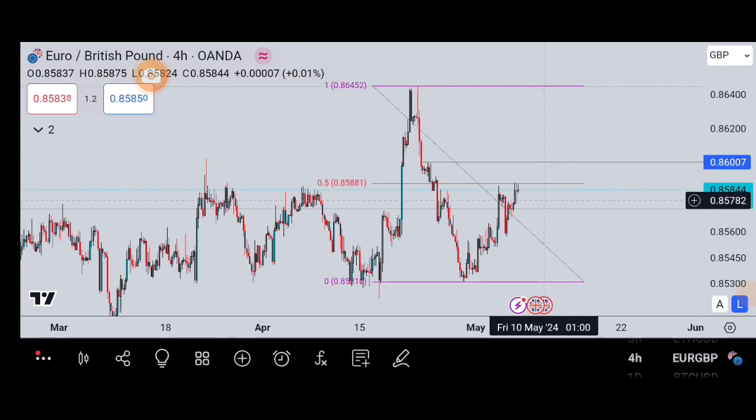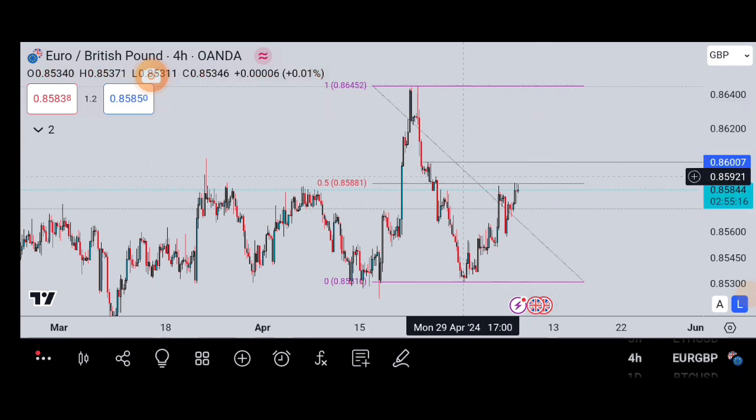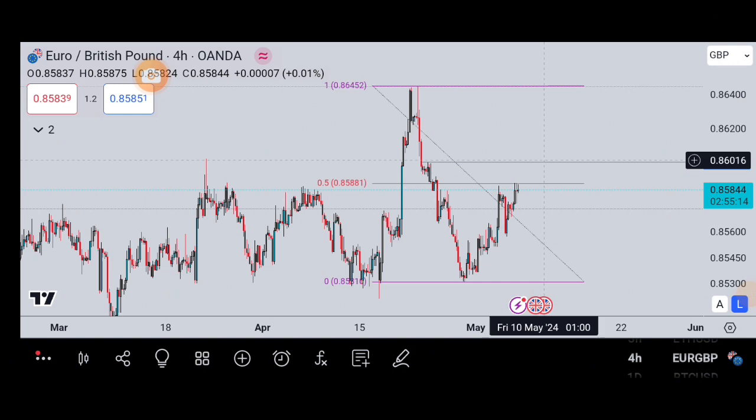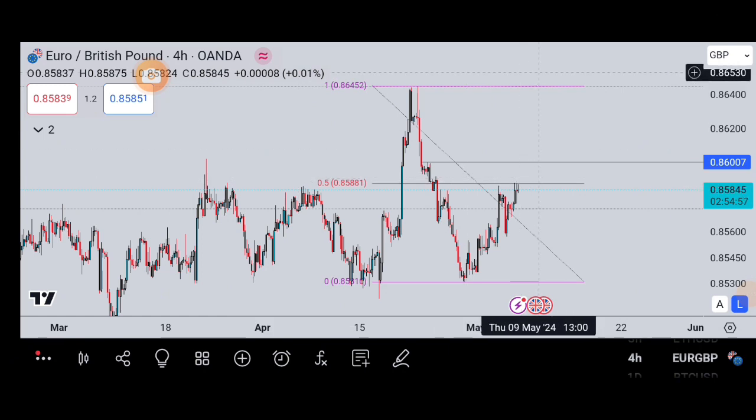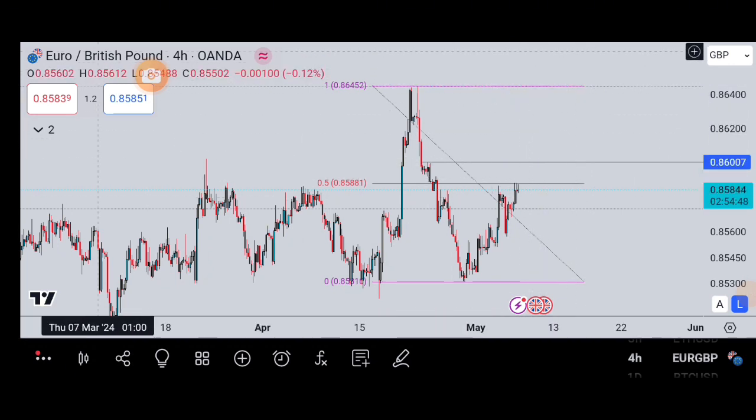So for Euro GBP, I'm expecting to see buys, right? But remember, for DXY we are buying also, but for Euro USD and the GBP USD we should be selling. So if you are buying Euro GBP, meaning Euro is stronger, right? And when Euro is stronger, we cannot be shorting the Euro USD because Euro is stronger. So we short the weaker pair, which is the GBP, right?